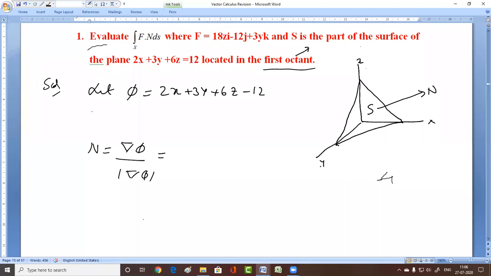Then how to find del phi? Del phi is nothing but i dou phi by dou x, already we discussed in our earlier class, plus j dou phi by dou y plus k dou phi by dou z. Now, what is the partial derivative with respect to x? That is 2i plus 3j plus 6k.